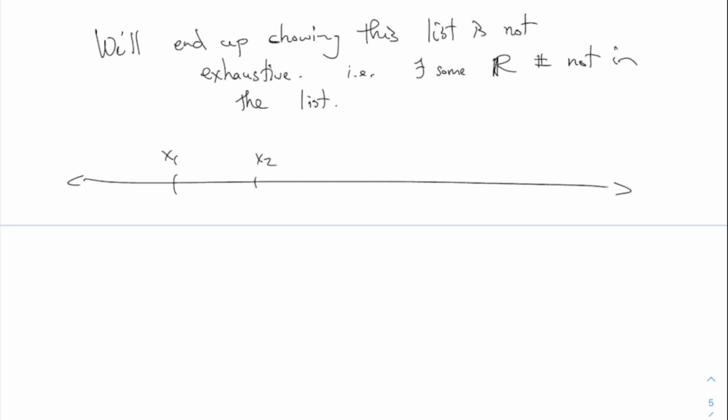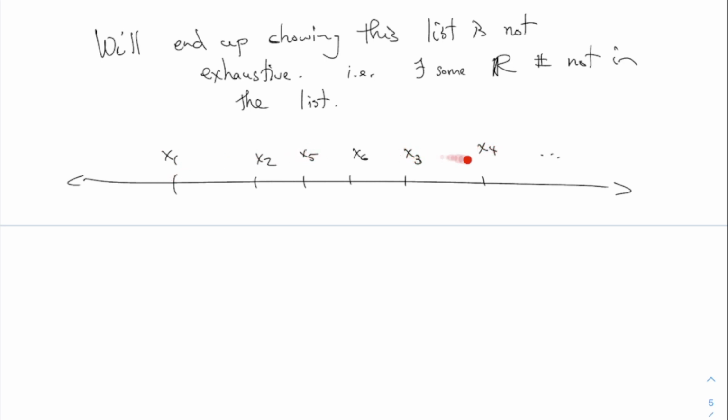It will help if you draw exactly the same picture that I'm drawing, although this is meant to be just a representative example. The setup is that we have imagined somehow that you could write out every real number in a list one after another. They don't go in order in this list, so as I've drawn them, x1 is over here, and then x2, and then x3 is up here, and x4 is over here, and x5 is back over here.